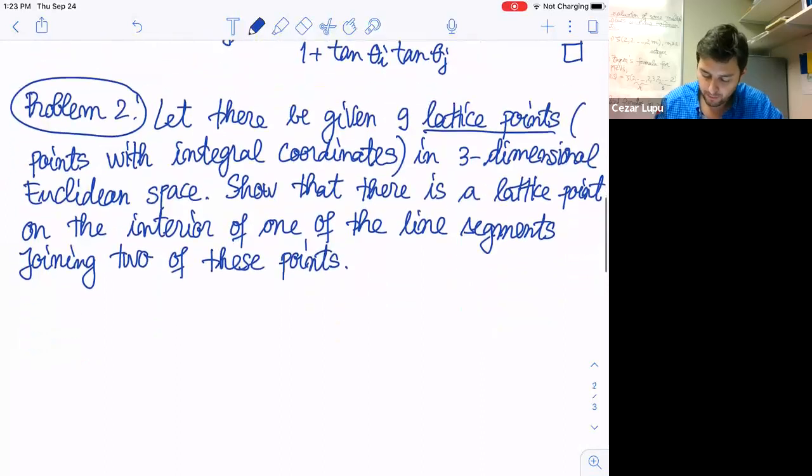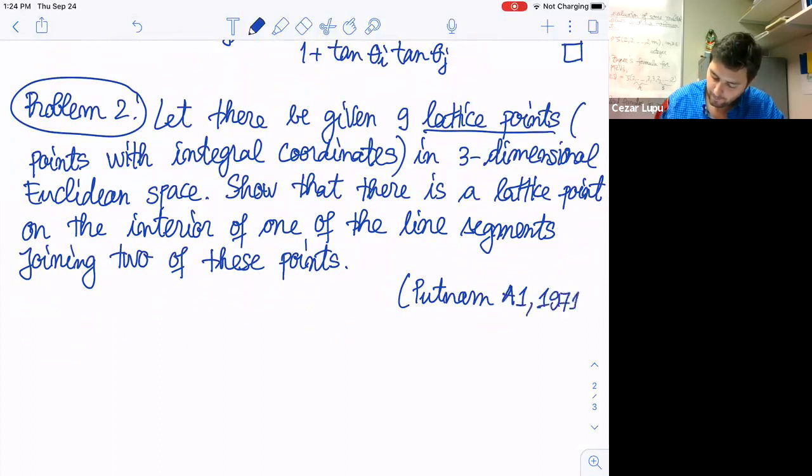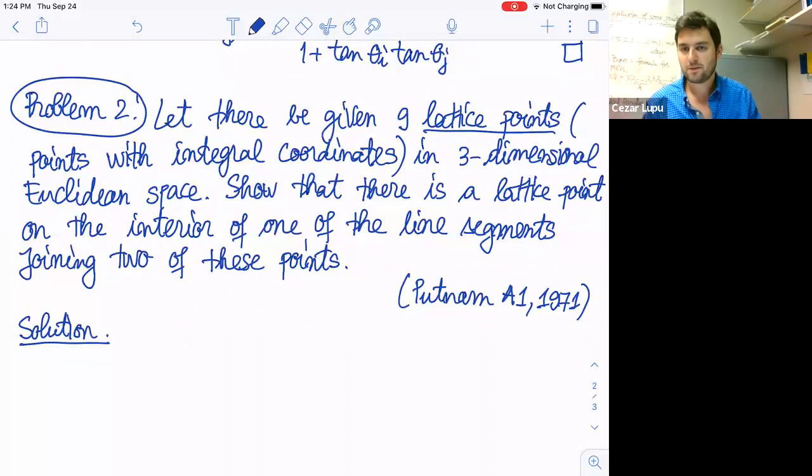All right, this was a Putnam, what year was it? A1, 1971. All right, this is a very nice problem, even for cooking.